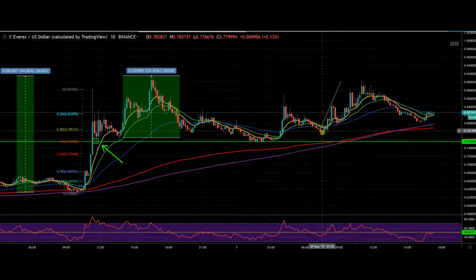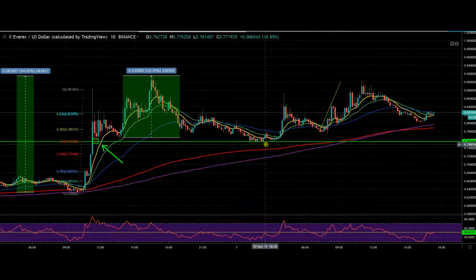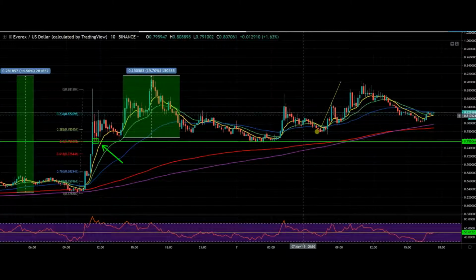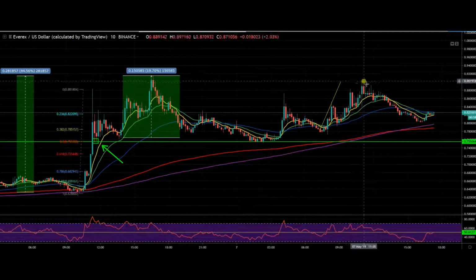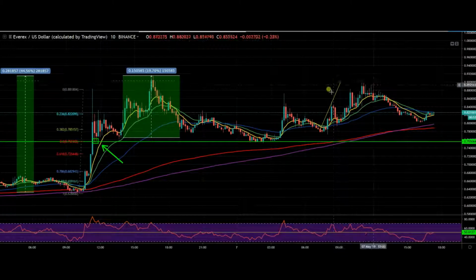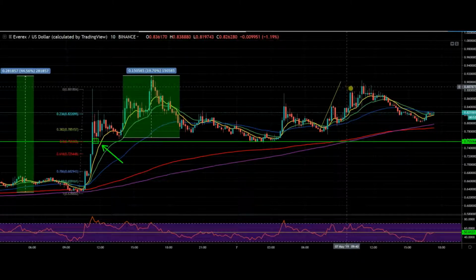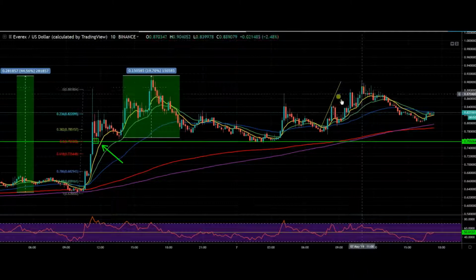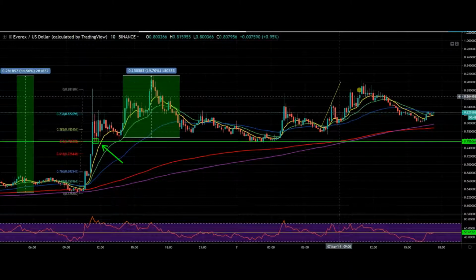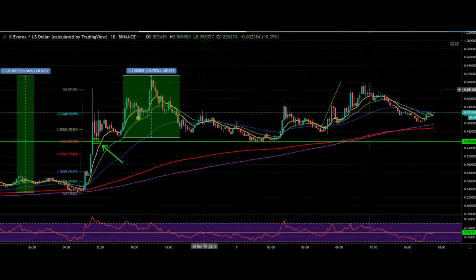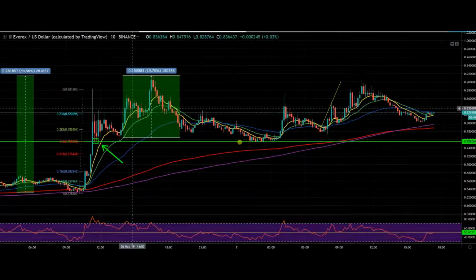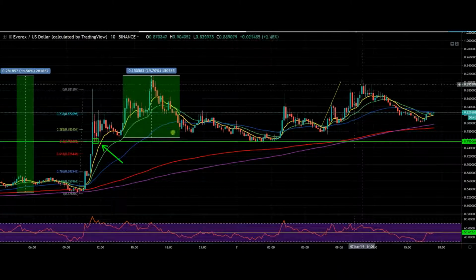Well, it's not right on the low there, but this move here is almost equal to this move here, and the market loves... God, that word is gone out of my head, but the market loves to have equal moves. And you can see here, these are all equal. This is equal with this. This big move is equal with this big move.